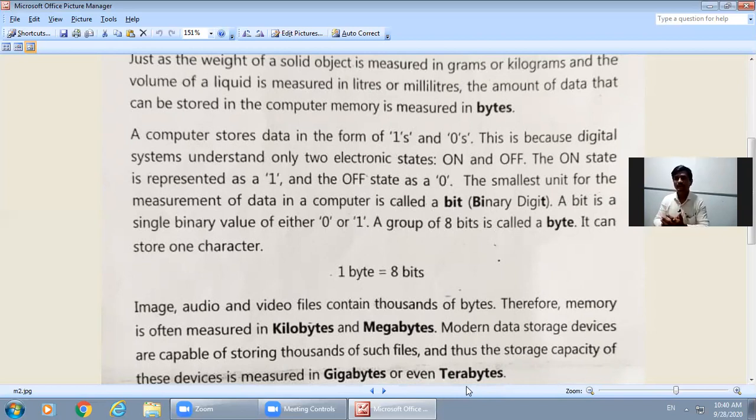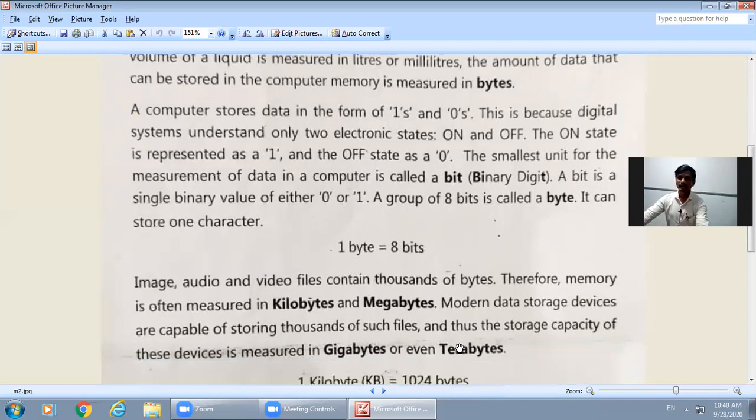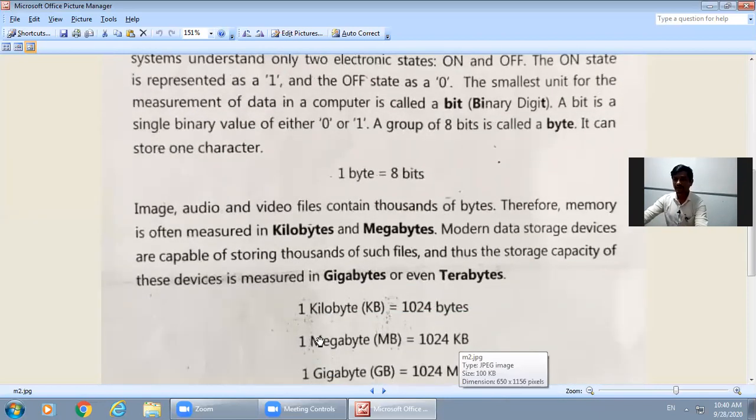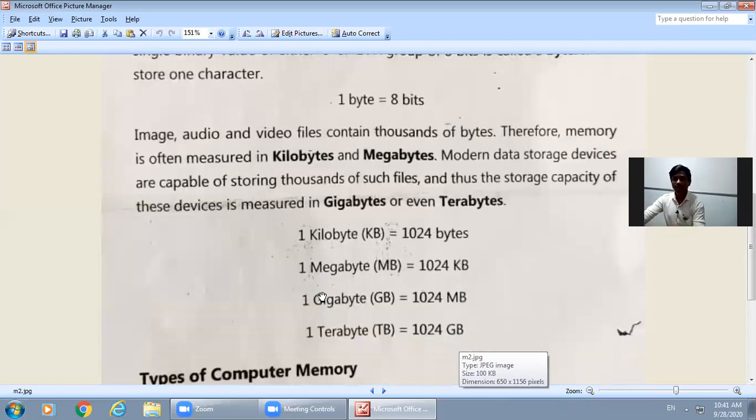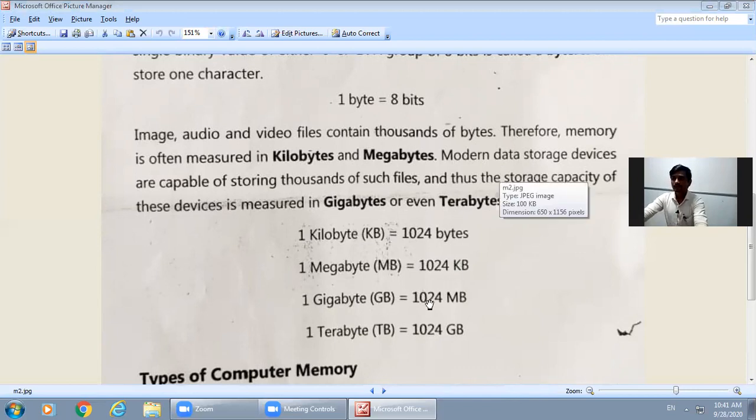Nowadays, we are using TB and GB only, not MB and kilobyte. Now see here, this is the conversion table. It is important. Keep in your mind, 1 kilobyte equal to 1024 bytes. 1 megabyte equal to 1024 KB.